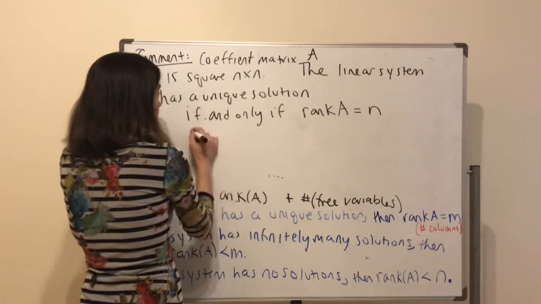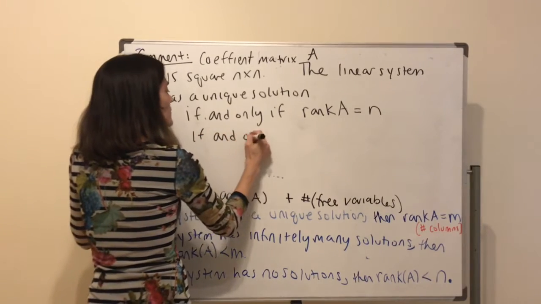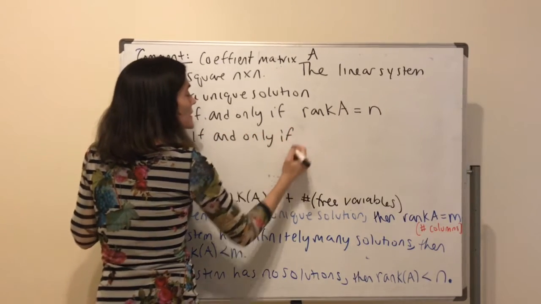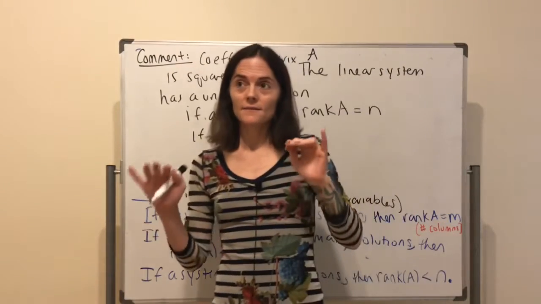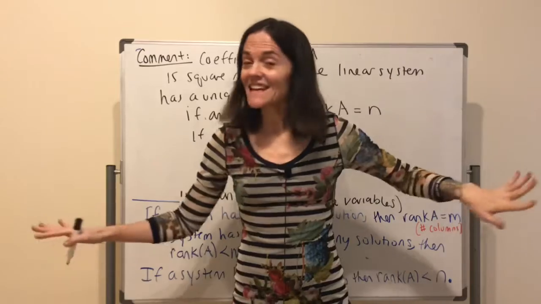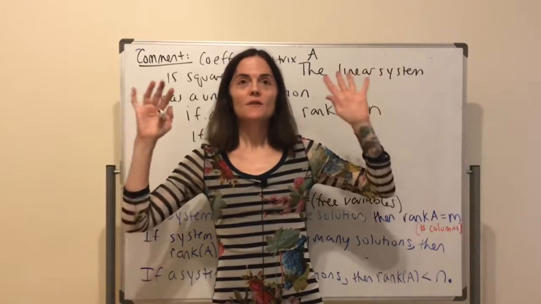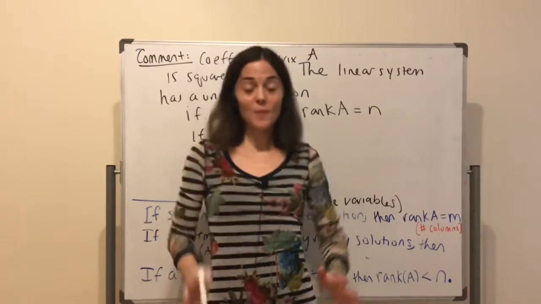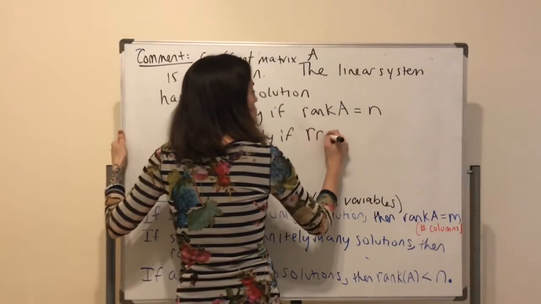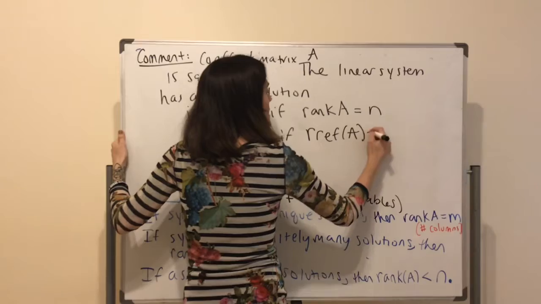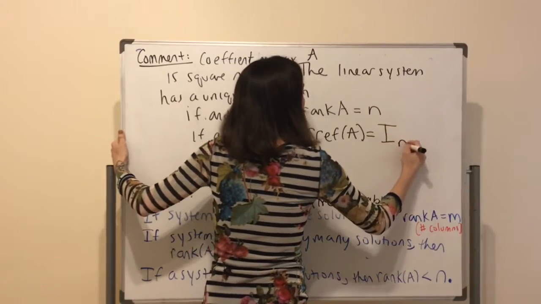And then this would be if and only if you have an n by n square matrix that has n leading ones, what can its reduced row echelon form possibly look like? We have one choice. So if and only if the reduced row echelon form of A is the identity matrix.